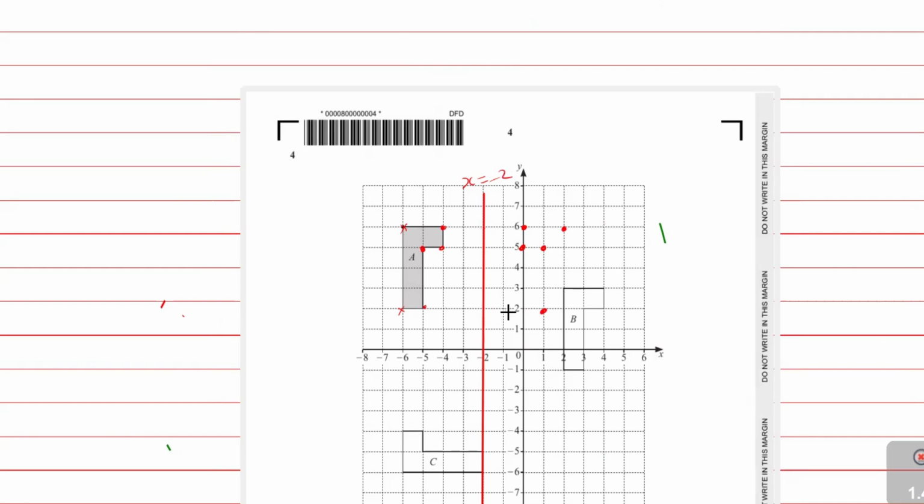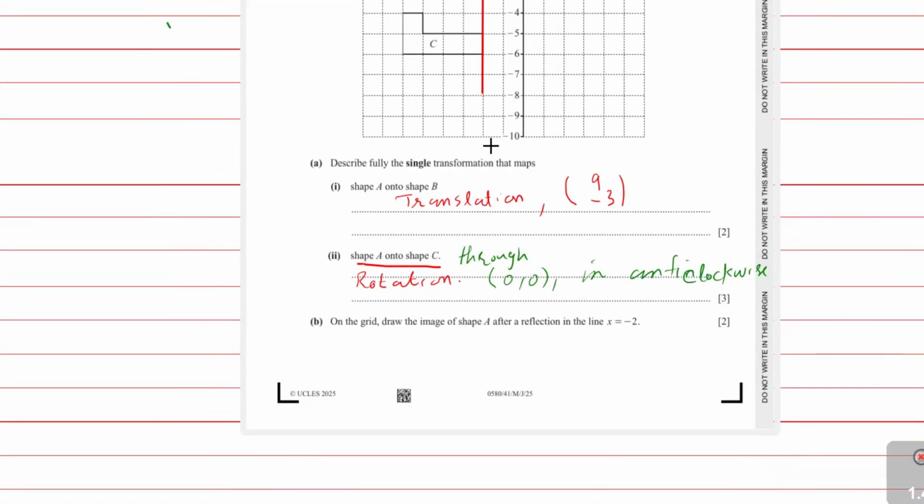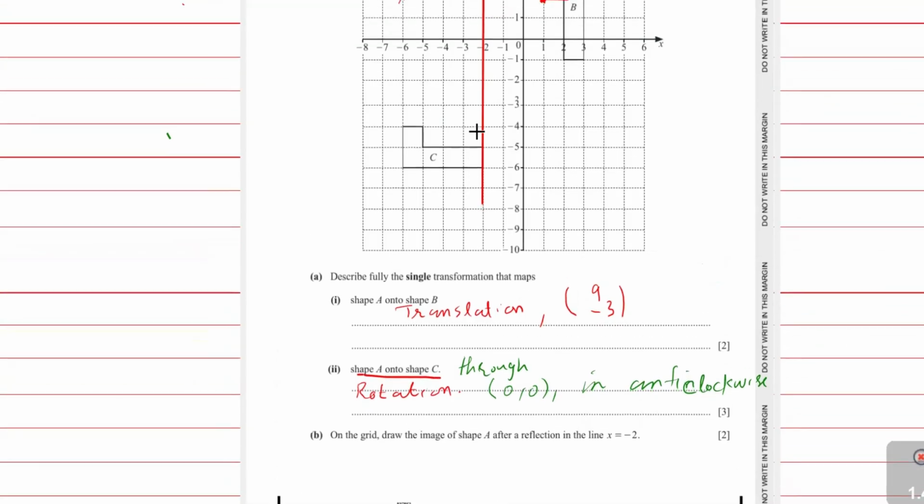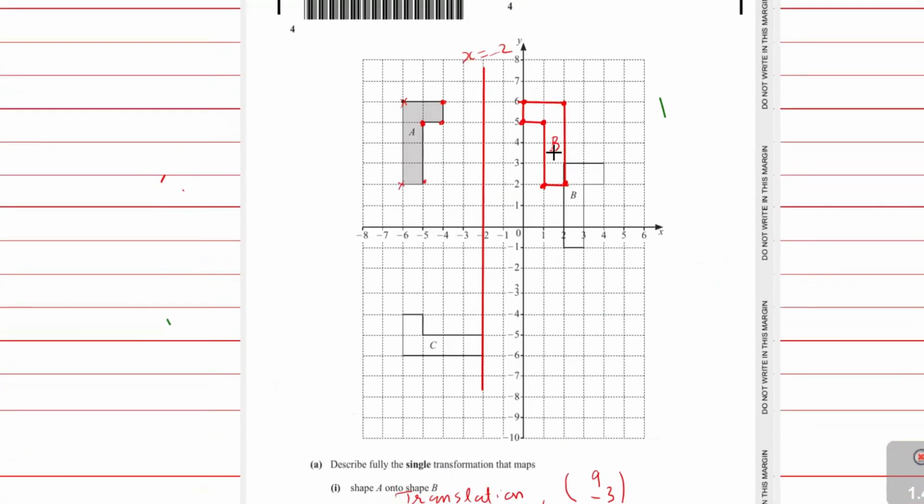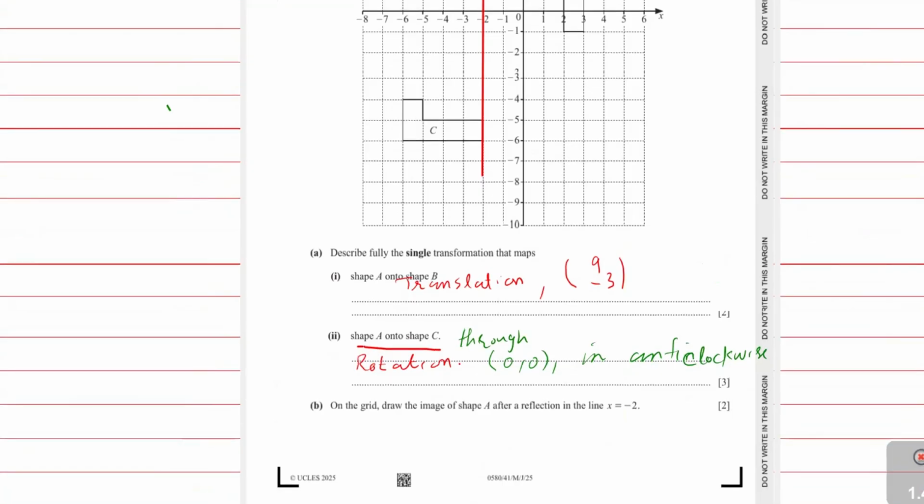And we take the image point 4 units on right side. And we will join these points. By joining these points, we get shape B. This is the reflection of shape A in the line x equal to -2. This is the solution of part B.